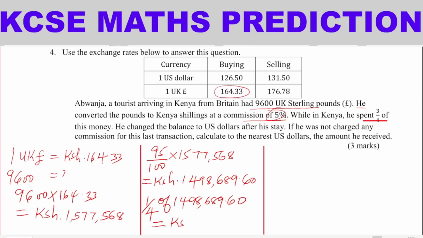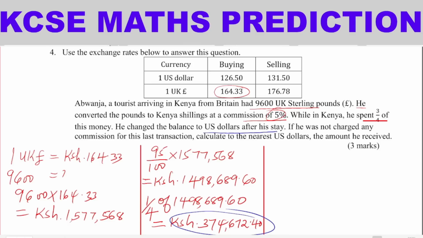That is the amount that he'll be left with, because he spent 3/4 of that money, so was left with 1/4. So when we multiply these out, this one will give 374,672 and 40 cents. So this is the amount that he was left with, and that is the amount that he converted. He changed the balance to US dollars.